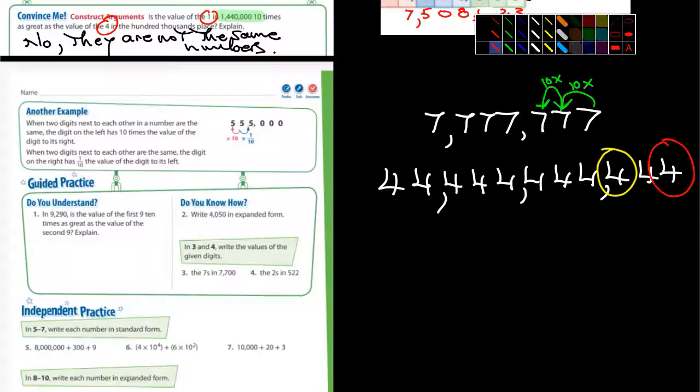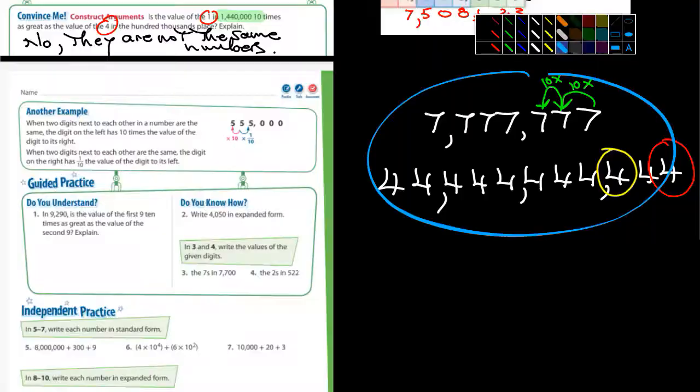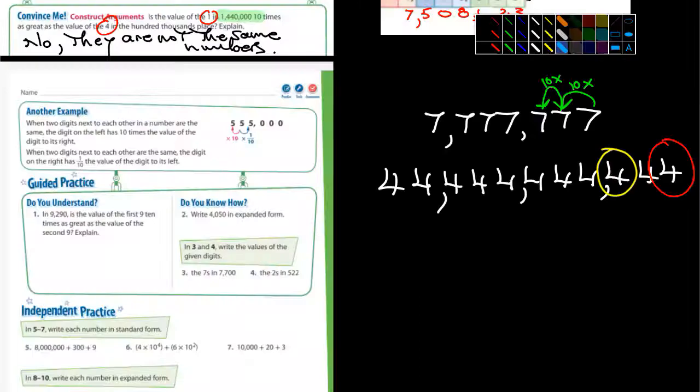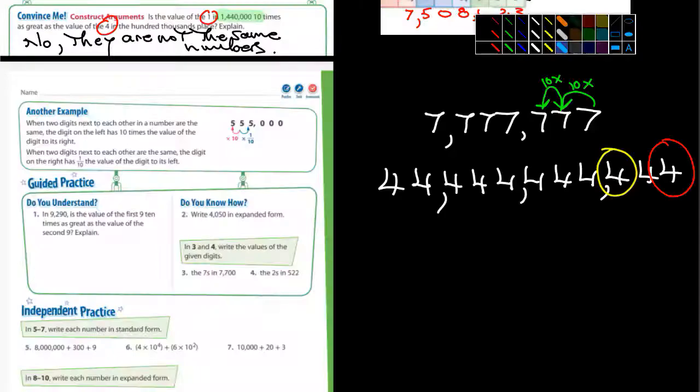But in the other example they give us here, it says when two digits are next to each other in a number, the digit on the left is 10 times the value of the digit to its right. And when two digits next to each other are the same digit, the one on the right is 1/10 the value of the one on its left.